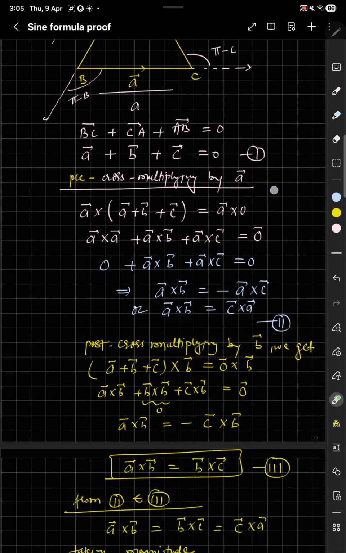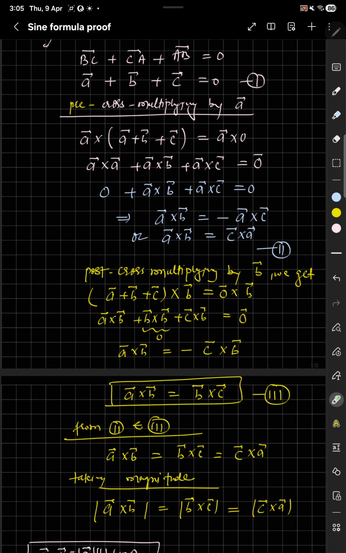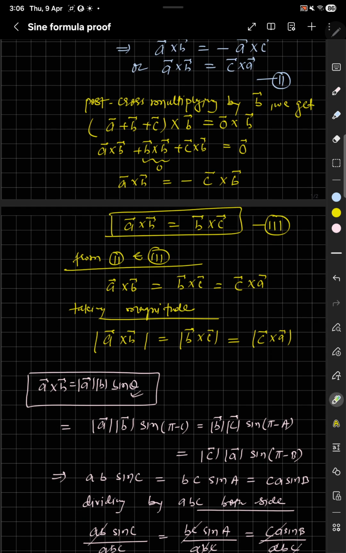Okay, now one thing that we have to use is pre-cross multiplying by the vector A, and again post cross multiplying by the vector B. We got here A cross B is equal to C cross A, and here we got A cross B is equal to B cross C. Then from 2 and 3, what we can observe is all these three are equal.